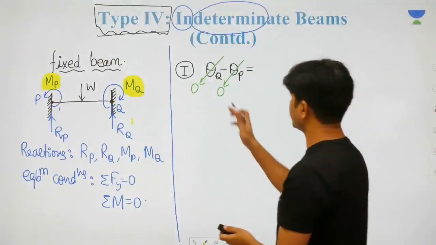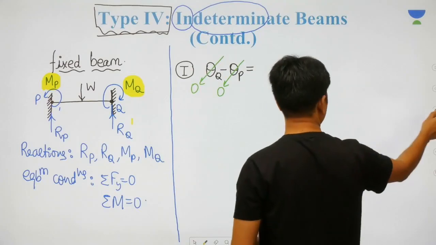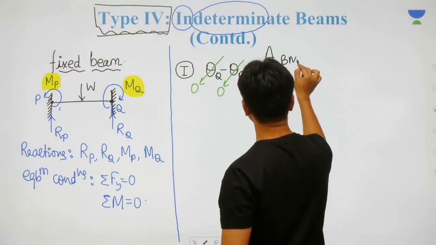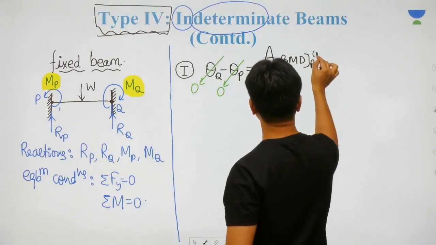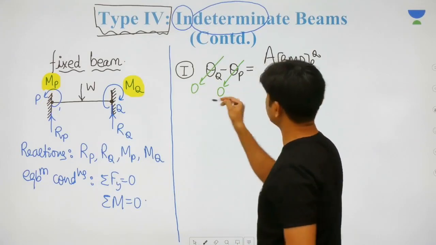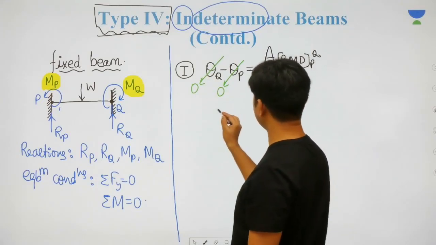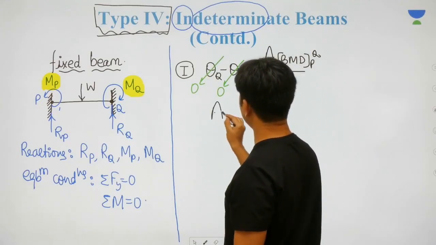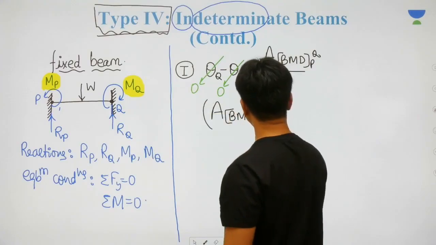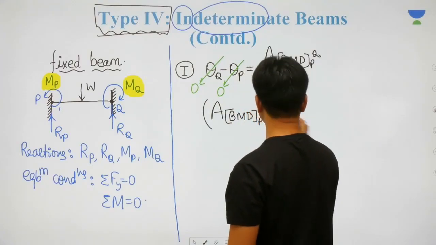So we have theta Q = 0, theta P = 0, and then we have the area under the bending moment diagram between P and Q divided by EI. Now because theta P is 0 and theta Q is 0, we get that the total area under the bending moment diagram must be equal to 0.